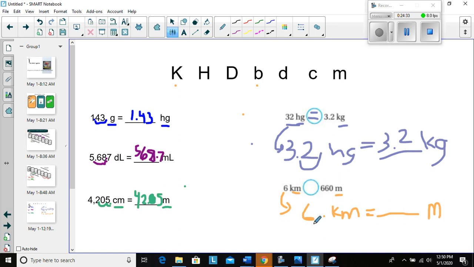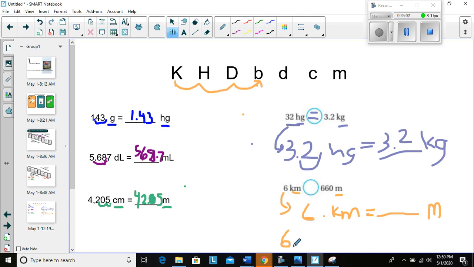All right, 6 kilometers. If I'm doing kilometers to meters, that means I'm going to start at K and go back 1, 2, 3 jumps. That means my decimal in 6, which there isn't one, so I have to make one. Here's 6. There's no decimal, so I put one at the back. And then I have to do 3 jumps farther back.